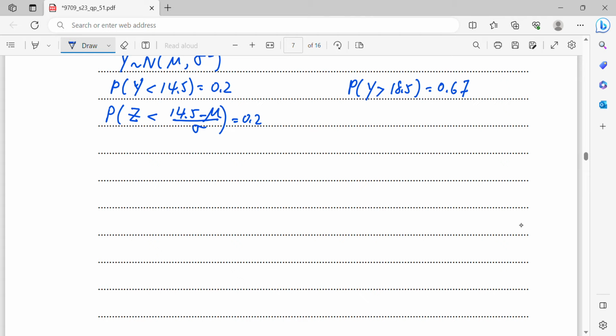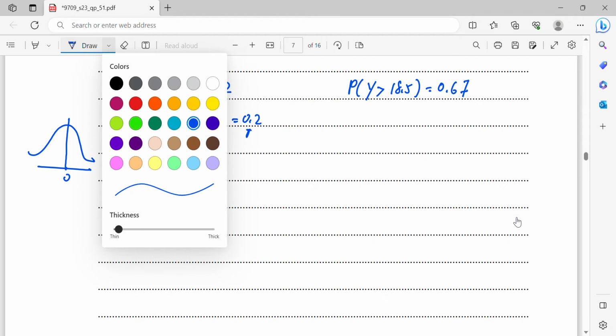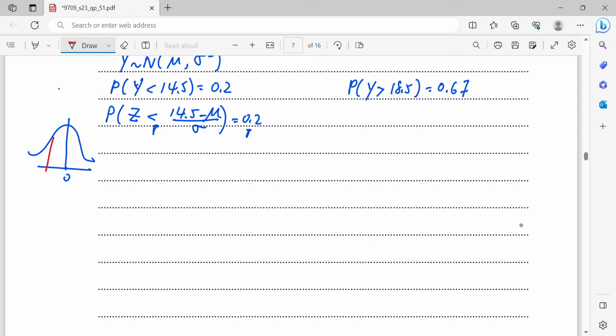So from here, I need to sketch a graph. Since this is less than, and the probability is 0.2, we have two possible results for this (14.5 minus mu) over sigma, either on the left hand side or on the right hand side. But since this is less than, the region will be towards the left hand side.